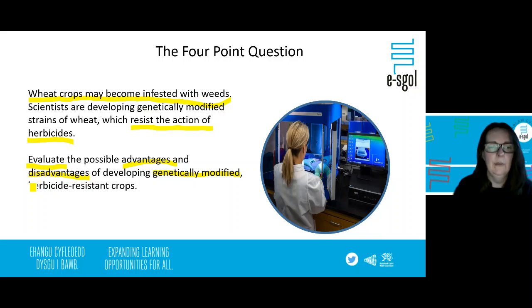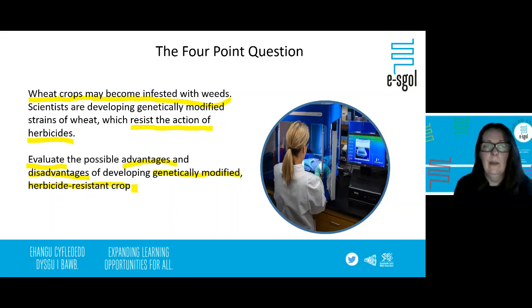modified herbicide resistant crops. Okay, so the idea is that wheat crops are overtaken with weeds, and there is a great deal of competition that takes place. So if farmers spray herbicides, then not only are they attacking the weeds, but they may well affect the wheat as well.